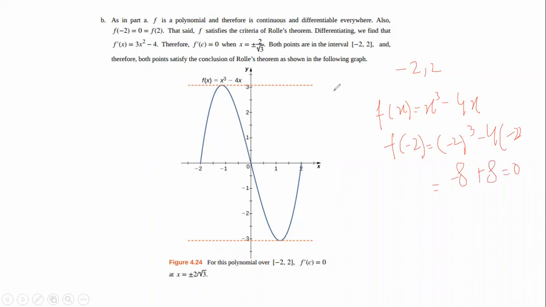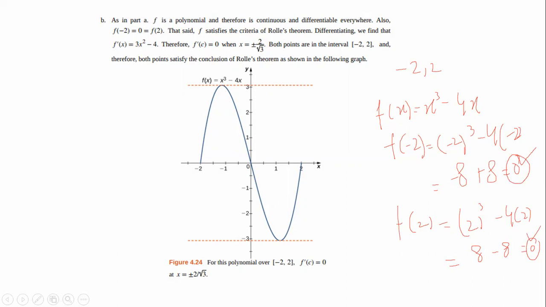Now for the second case, f of 2 will be equals to 2 cube minus 4 of 2. So this will be 8 minus 8. My answer will be 0. Okay.